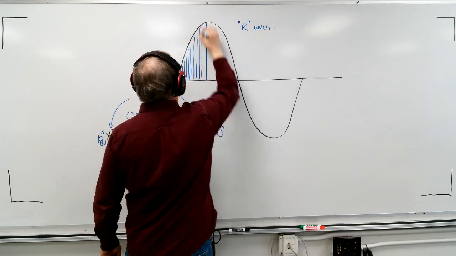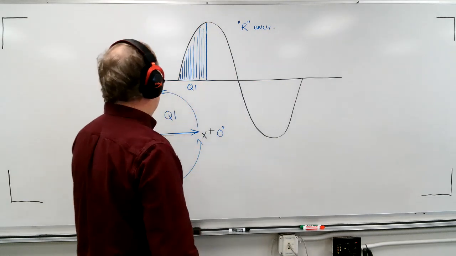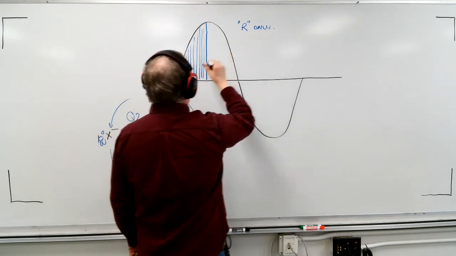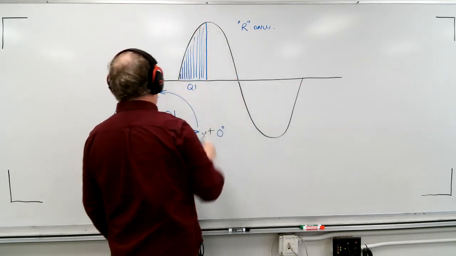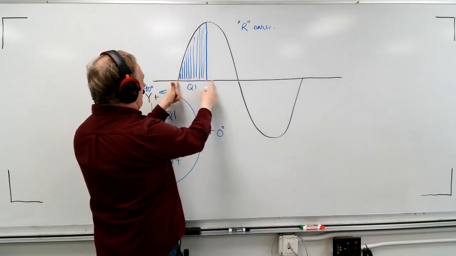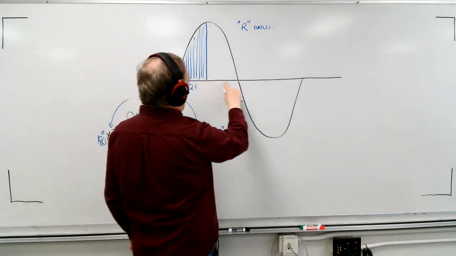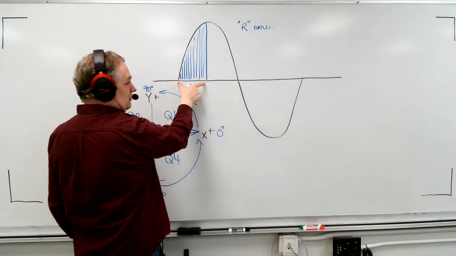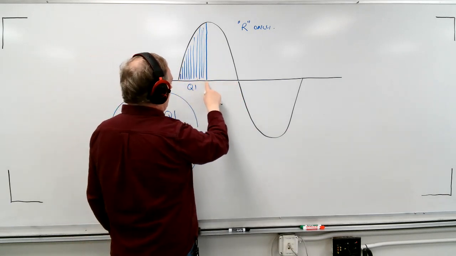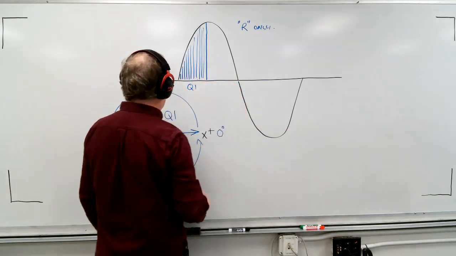So this is considered to be quadrant 1, from here to here. That's our actual control of when the firing angle is right there. If we get it to fire, yes, it does conduct through here, but our actual control with the firing angle is only up to here. Because if we don't fire by here, we will have no output here. So we must fire by 90 degrees.